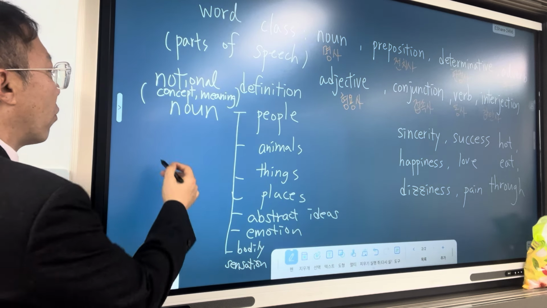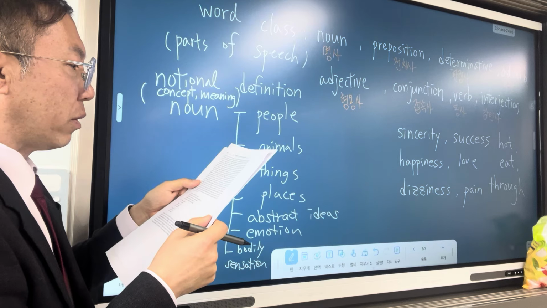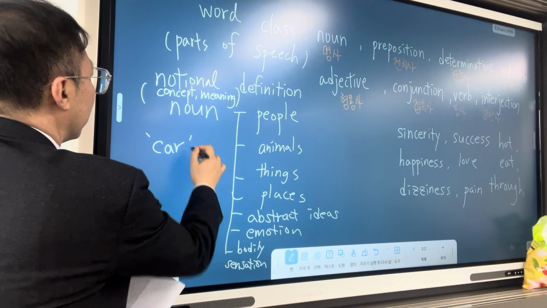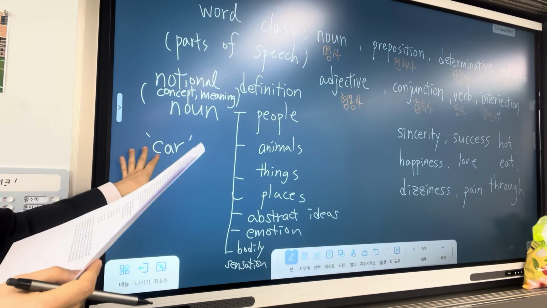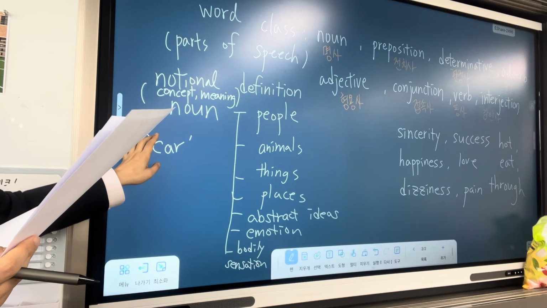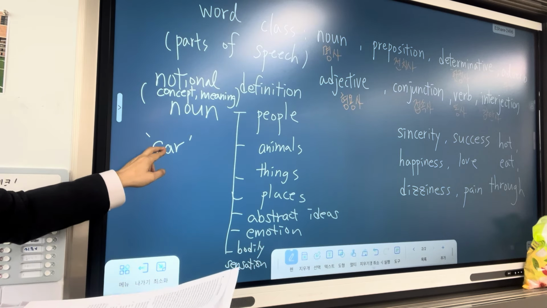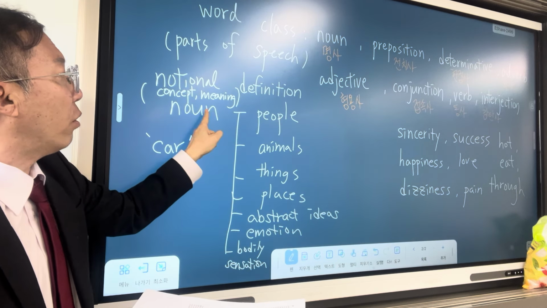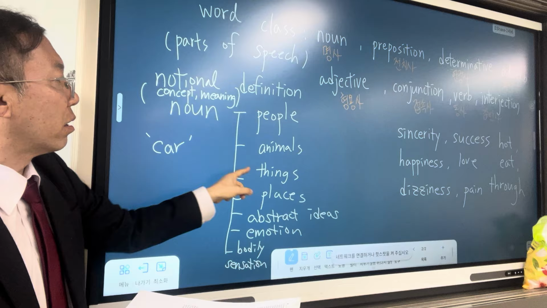For example, when we ask why a car is a noun, we say, because it's on the list of nouns. Things are referred to as nouns, so that's why car is a noun.